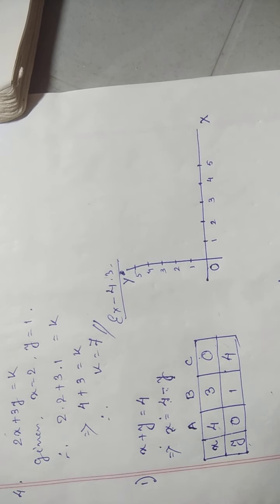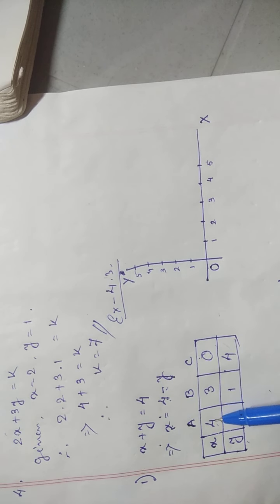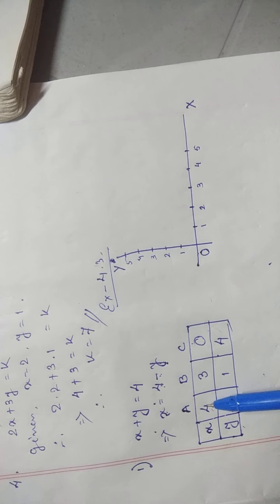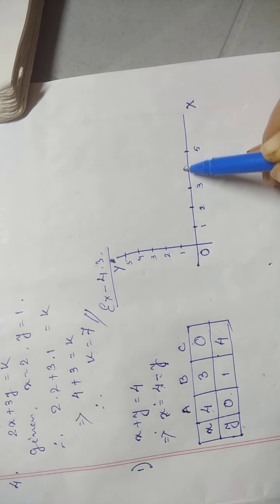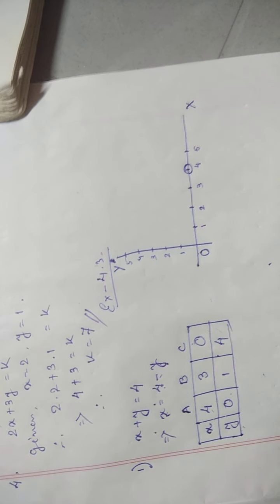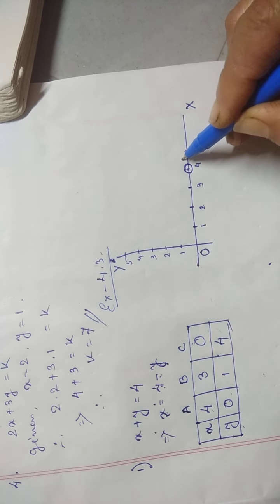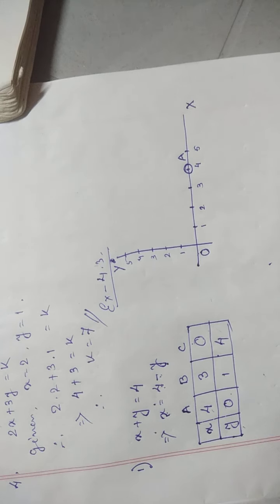Okay. Now, see, the first point is what? The first point is (4, 0). That means the value of x is 4, the value of y is 0. So, which one is (4, 0)? This is the (4, 0). This is the point A. That is (4, 0).